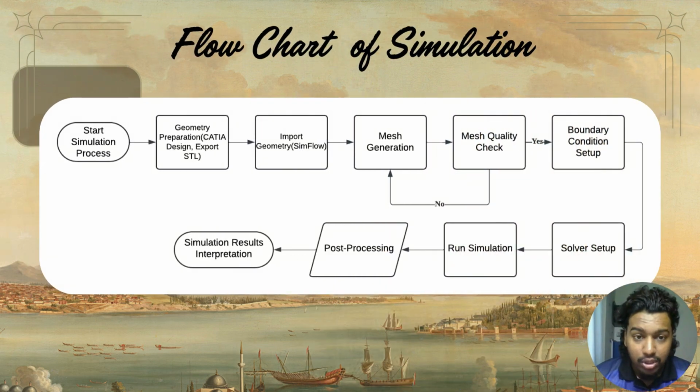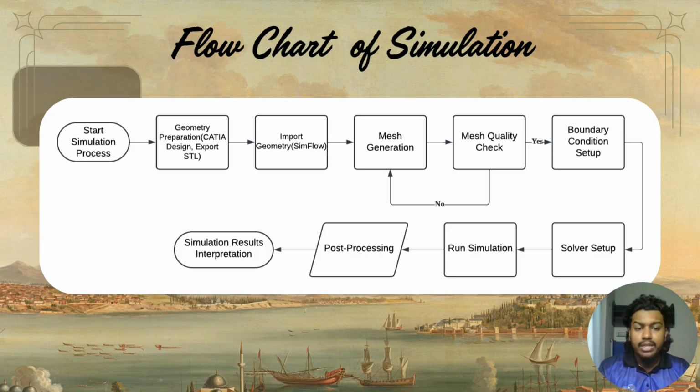So this is the flow chart of the simulation. First, we start the simulation process. We create or prepare the geometry in CATIA, export the finished design as an STL file, and then import the STL file into SimFlow. The next step is mesh generation, followed by a mesh quality check.